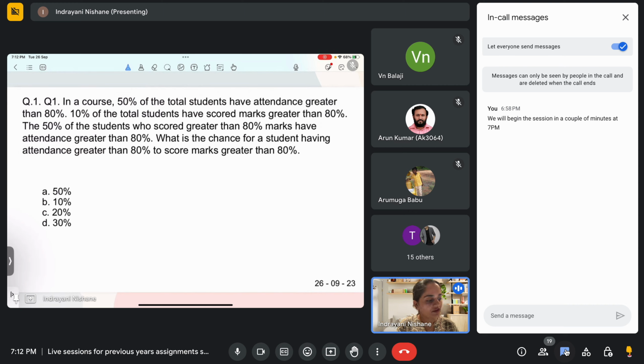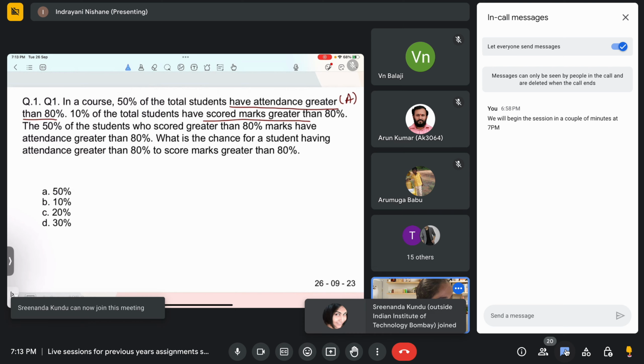In a course, 50% of the total students have attendance greater than 80%. Having attendance greater than 80%, let's call this condition A. Now 10% of the total students have scored marks greater than 80%.